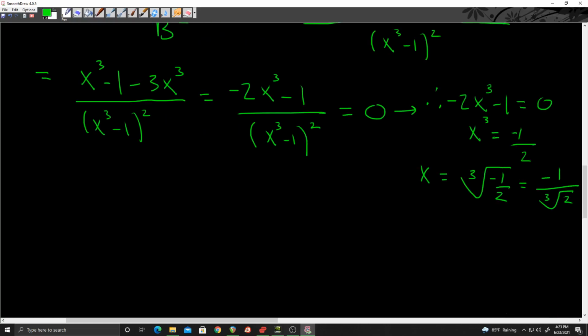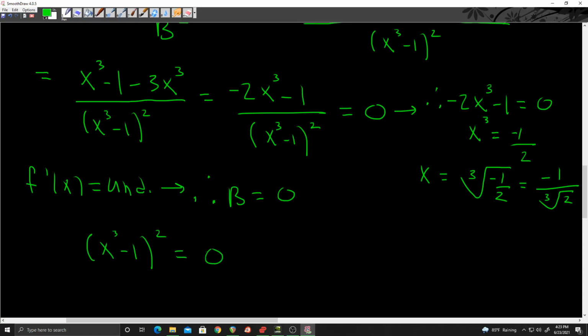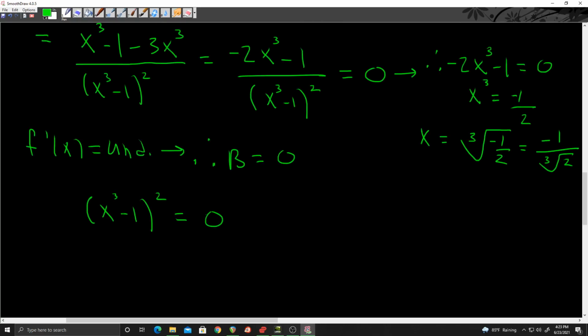And then we also need f prime equals undefined. That is going to be found by setting the bottom equal to 0. So I'm going to have x cubed minus 1 squared equals 0. A number squared equals 0, which means the number itself has to be 0. So square root both sides, and I get x cubed minus 1 equals 0.